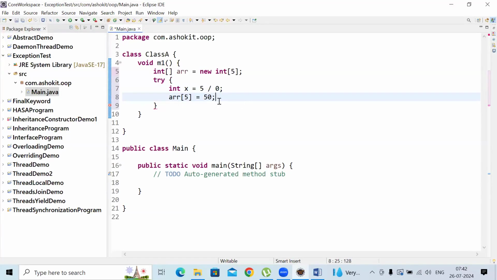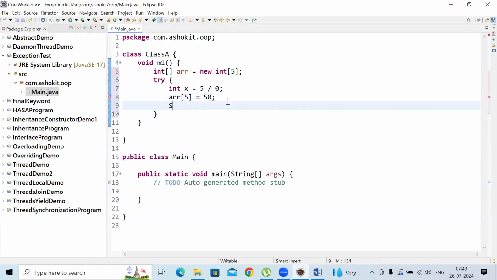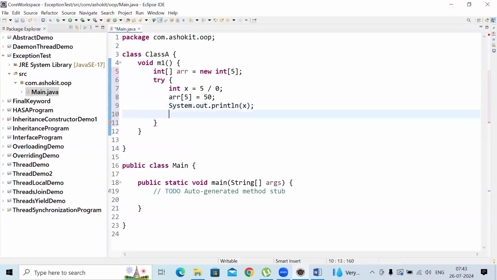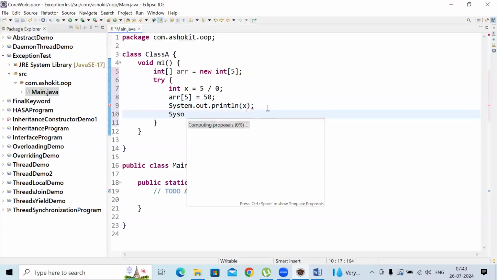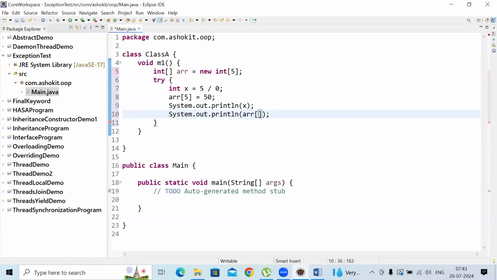Now look at these two statements. The first statement is int x is equal to 5 divided by 0, and the second statement is arr of 5 is equal to 50. After that I want System.out.println x to print the value of x, then System.out.println arr of 5.